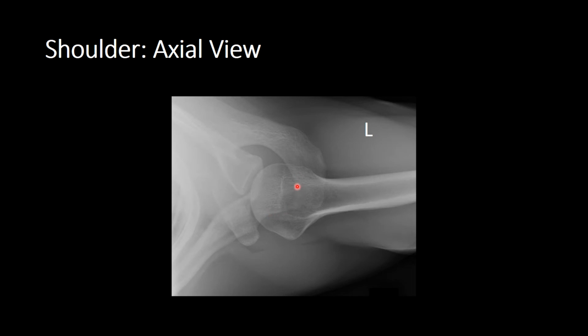I also know that my clavicle articulates with the acromion to form the acromioclavicular joint. So if I know that this is my clavicle and this is my acromion, this must mean that this must be my coracoid process. Hopefully that will help you now to identify the correct bony landmarks.